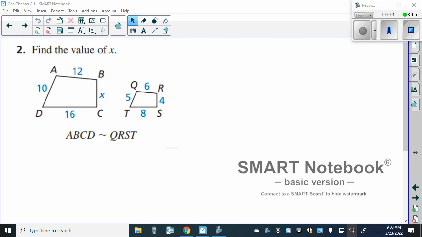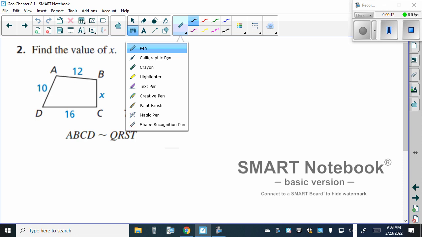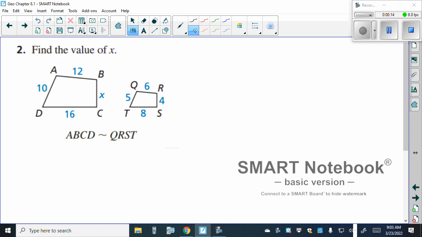Right, guys, so this is where we finished off yesterday, because we did find that x was 8.